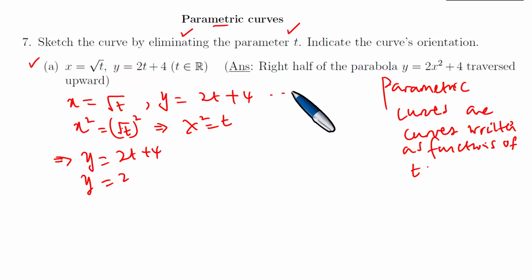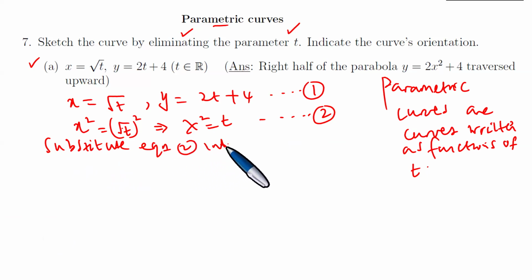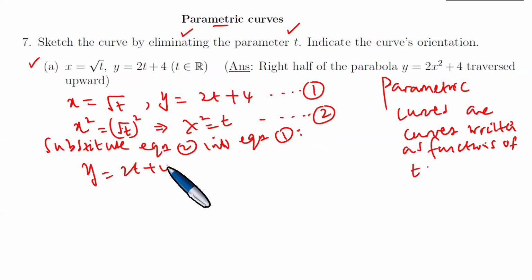If you call this one equation 1 and this one equation 2, you then substitute equation 2 into equation 1. Meaning you have t plus 4, which is x squared plus 4.